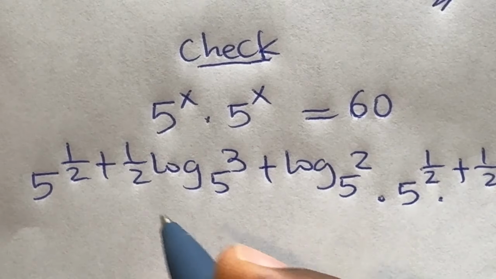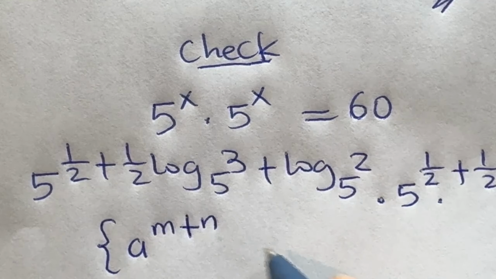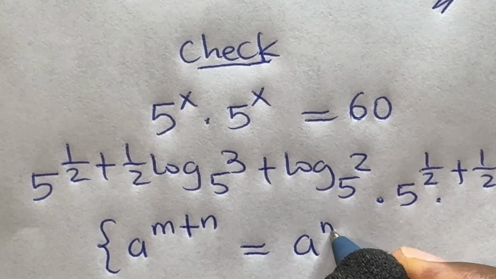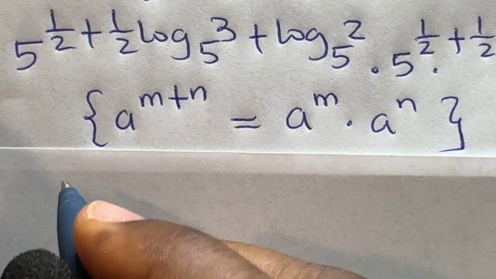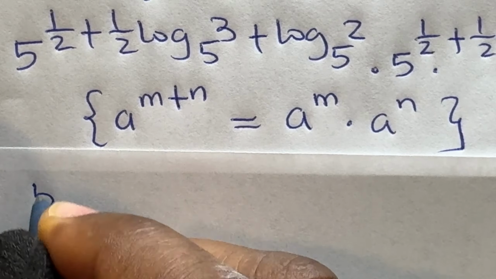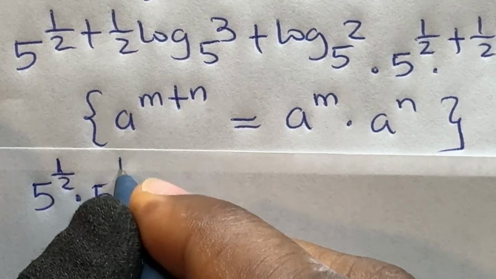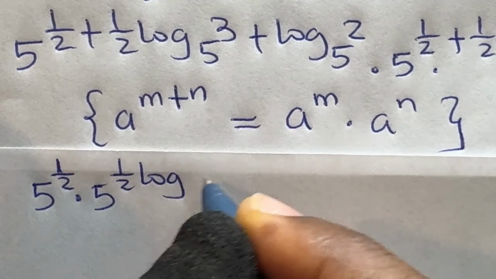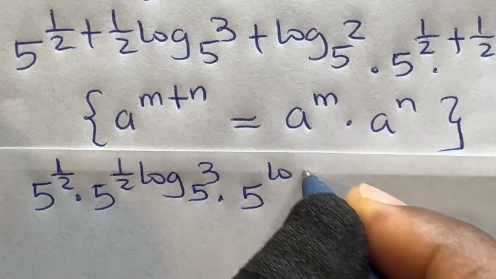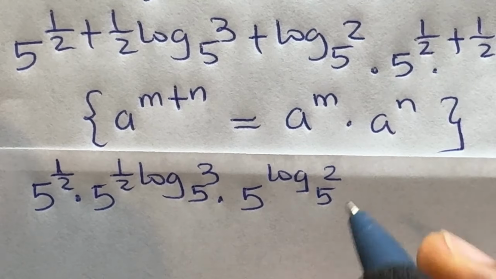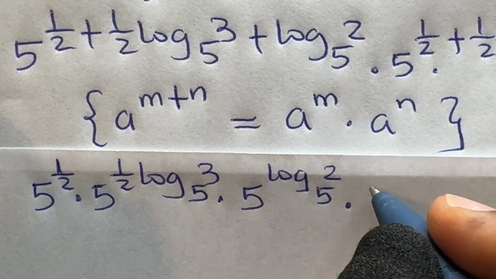60. By indices, a raised to power m plus n is equal to a raised to power m times a raised to power n. This implies 5 raised to power 1 over 2 times 5 raised to power 1 over 2 log 3 base 5 times 5 raised to power log 2 base 5. Now times, I'll repeat all of this because they're exactly the same.